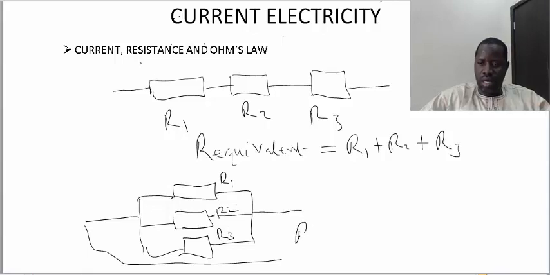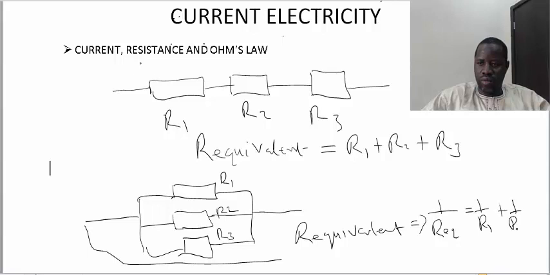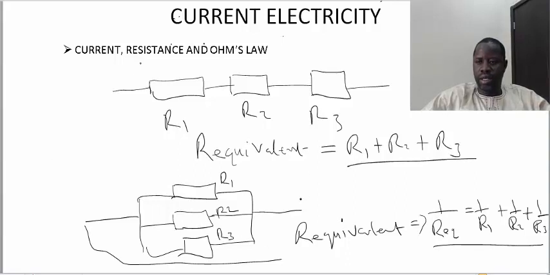So R equivalent is obtained from 1 over R equivalent equals 1 over R1 plus 1 over R2 plus 1 over R3. So you have to evaluate this expression and also solve for the R equivalent. Okay, this is for parallel connection and this is for the series connection. So with this information, we can try to attempt additional questions under current, resistance, and Ohm's law.